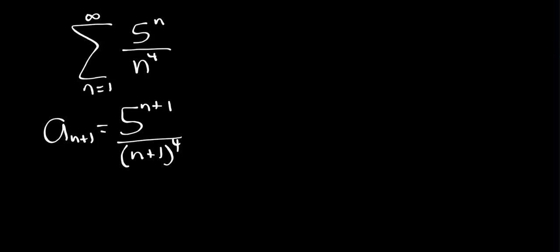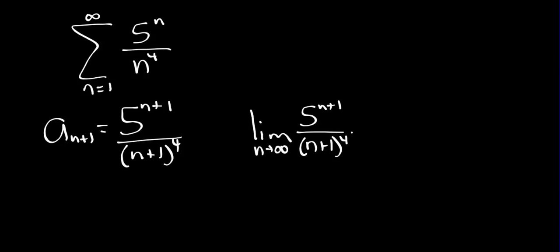So now let's look at the ratio test. We've got the limit as n goes to infinity of 5 to the n plus 1 over n plus 1 to the fourth, multiplied by the reciprocal, n to the fourth over 5 to the n.